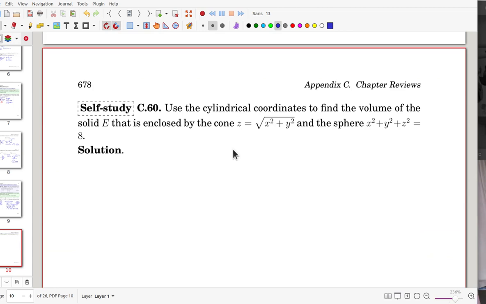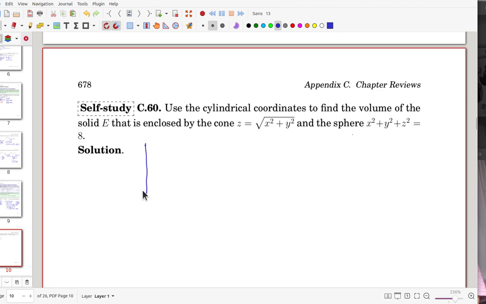Okay, now let's see this one. Use cylindrical coordinates to find the volume of the solid E that is enclosed by the cone and sphere. So let's try to visualize it.